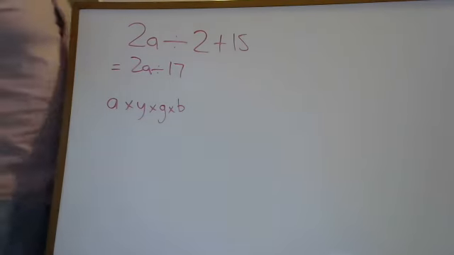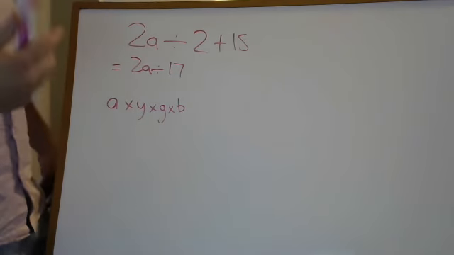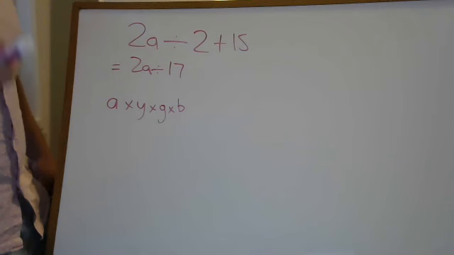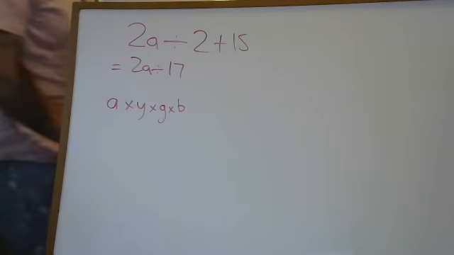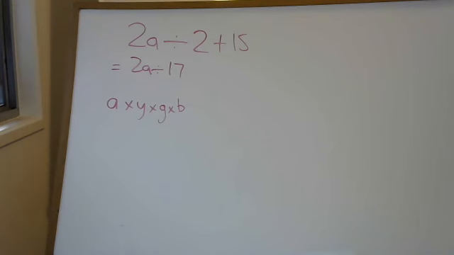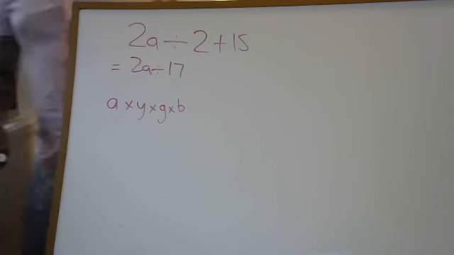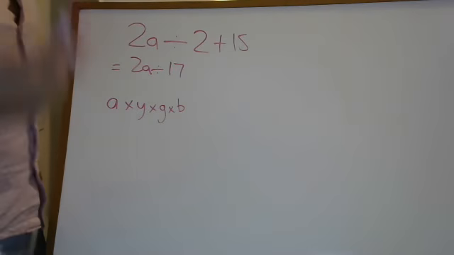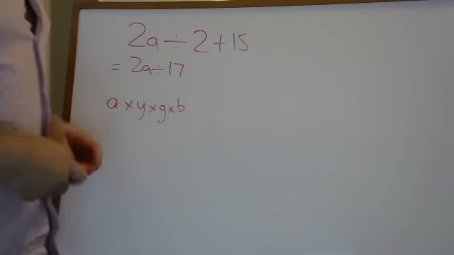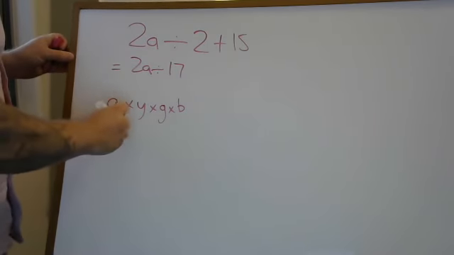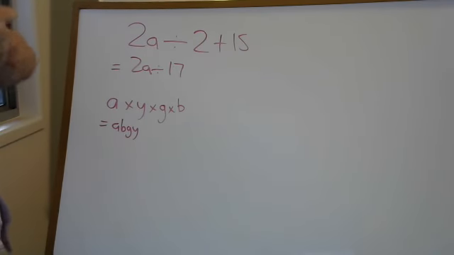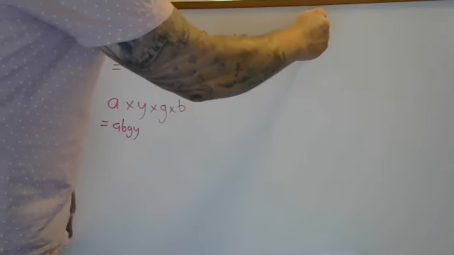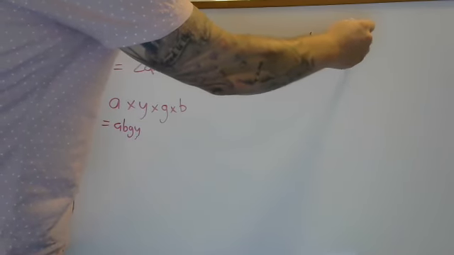So someone said AYGB. So it has to be in alphabetical order. So A, B, G, Y. What about 4c times 3a?